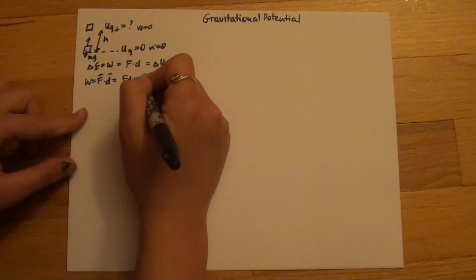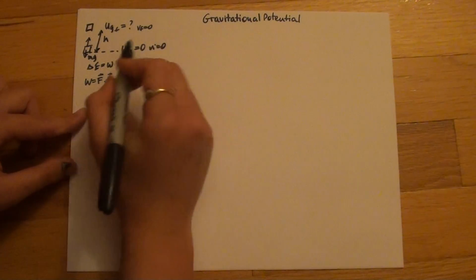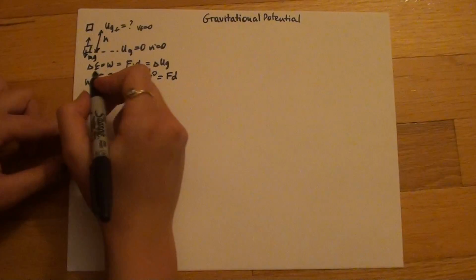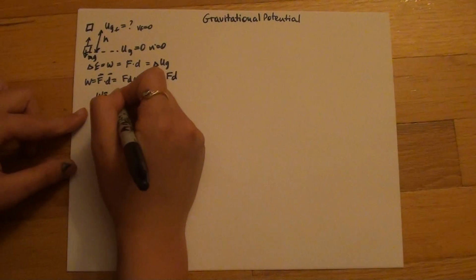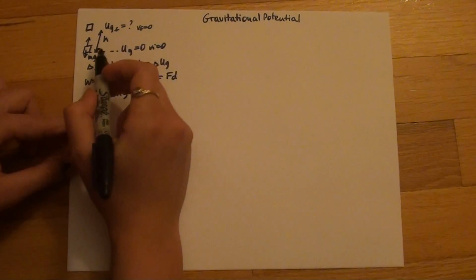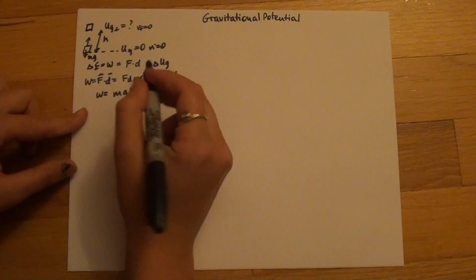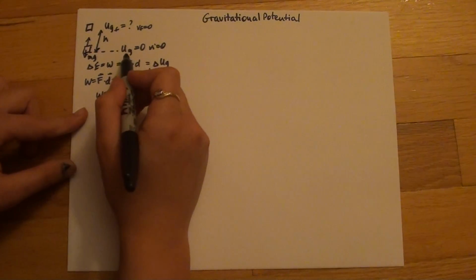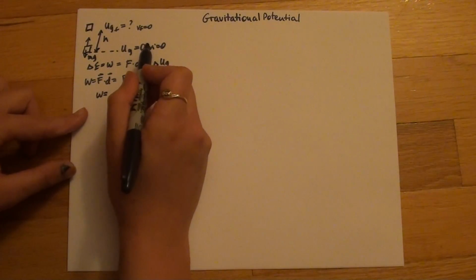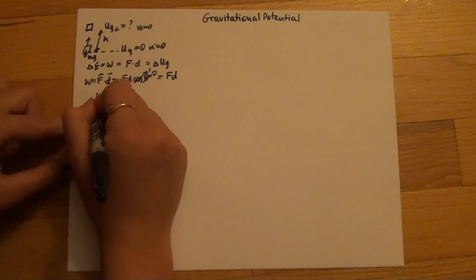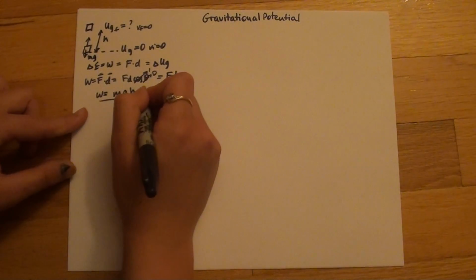So cosine of 0 is 1, and force dot d just equals force times distance. So work equals mg times the distance we move it up, which is h. From this equation we can tell that the initial gravitational energy is 0, and the final gravitational energy is the total work done, which is mgh.